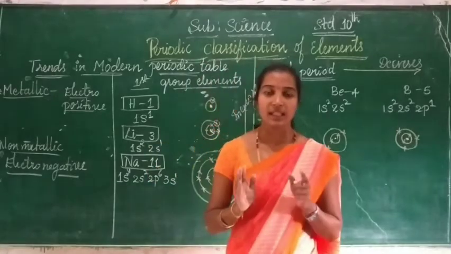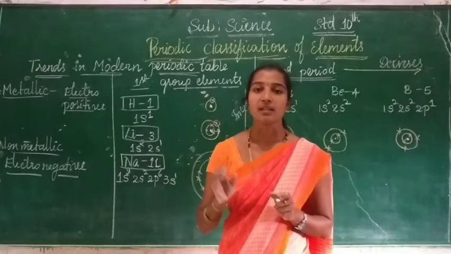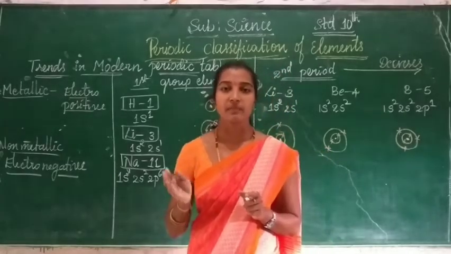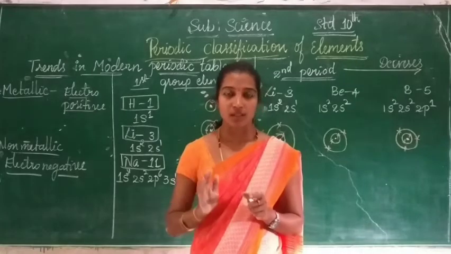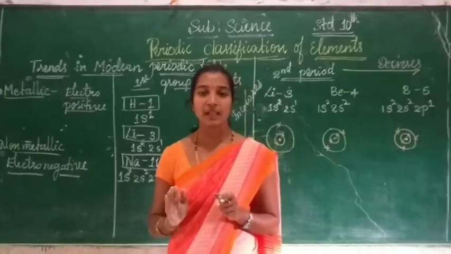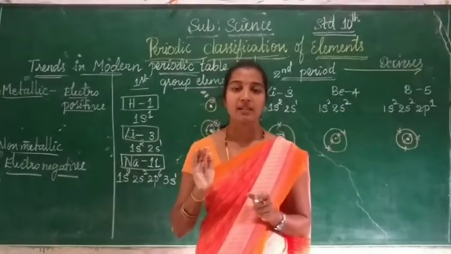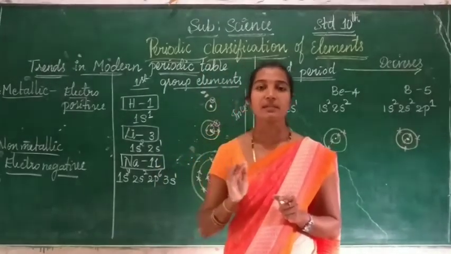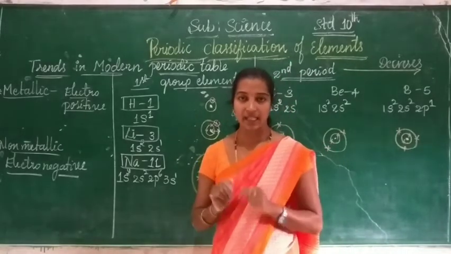See children, electronegativity means the rate at which the atom of an element receives the electron from the neighbor atom. If it receives the electron readily, it has more electronegativity. And if it is difficult to receive the electron from the neighbor atom, it has less electronegative character.